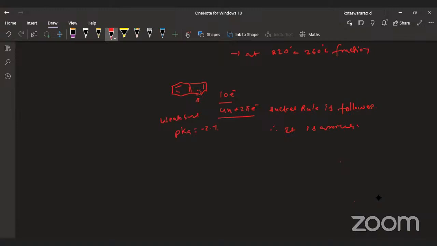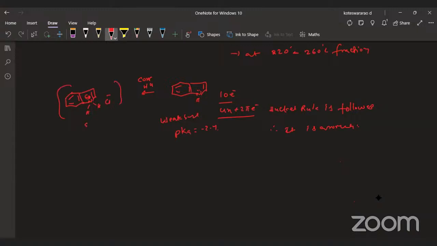That means whenever you are treating it with concentrated HCl, it gives the indole salt. It is treated with concentrated HCl, which leads to protonation of the nitrogen. The positive charge will be stabilized by the chloride.